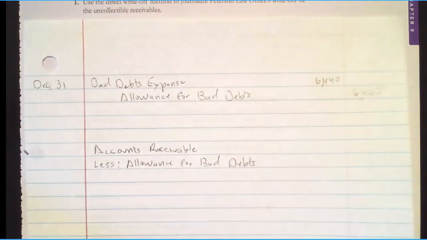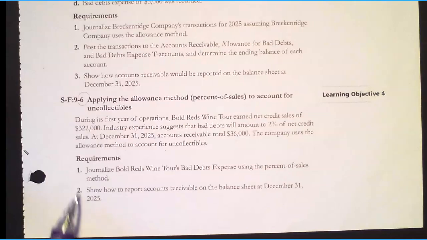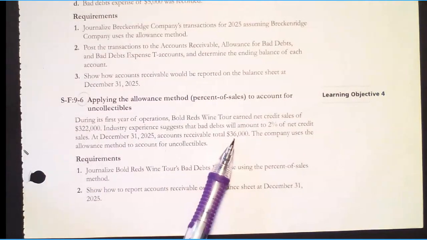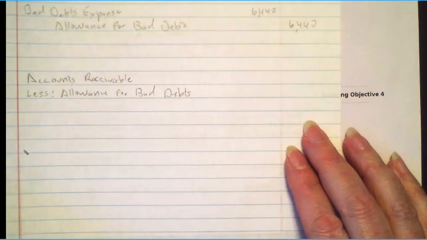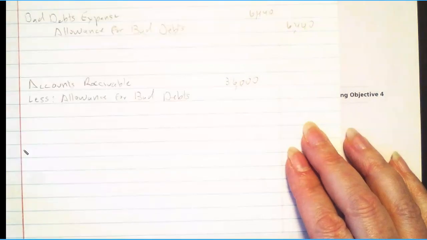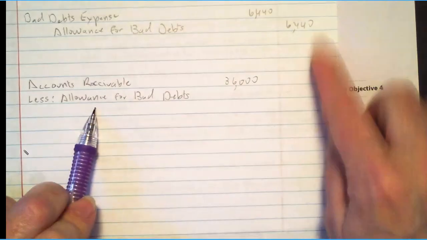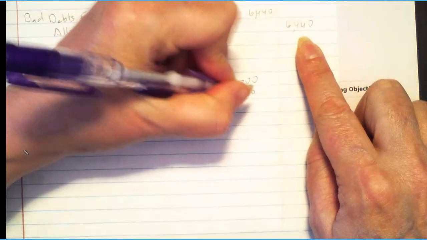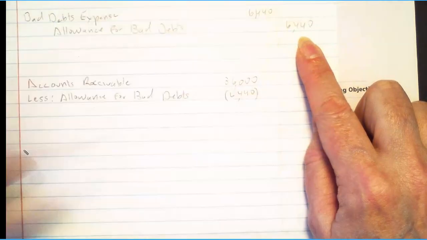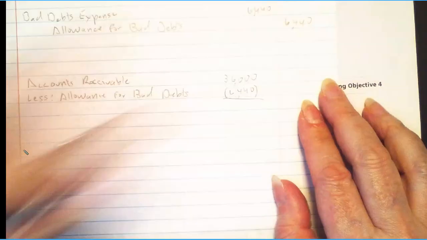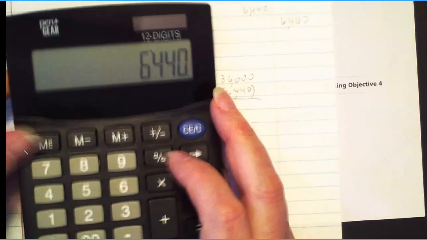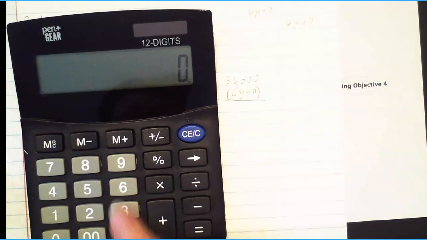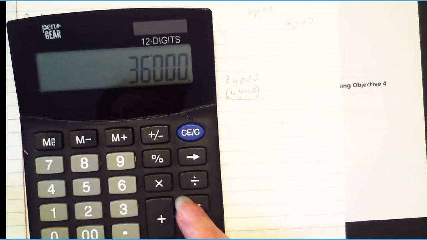Accounts receivable has a balance of $36,000. The allowance account only has this $6,440 in it. That needs to be in parentheses. And then we draw a line because we're going to do math.